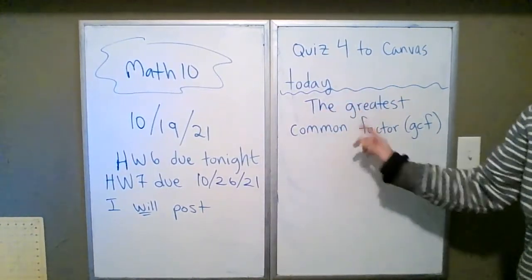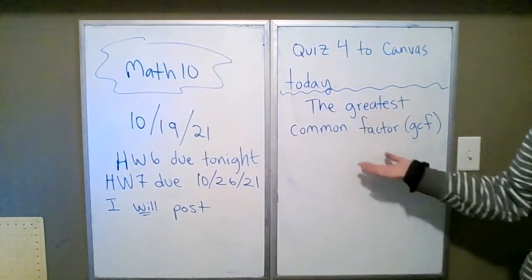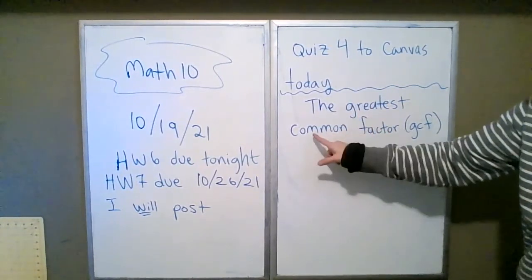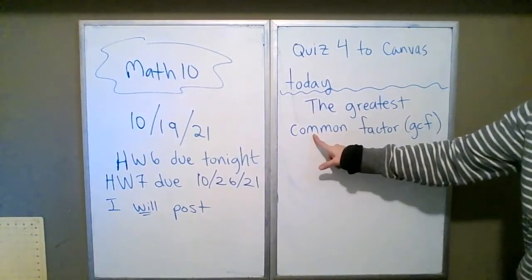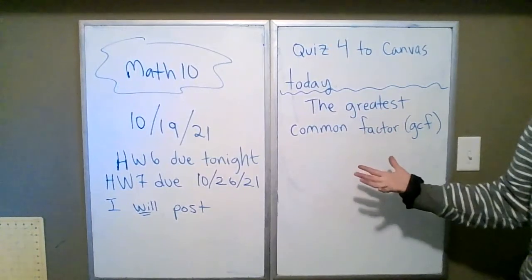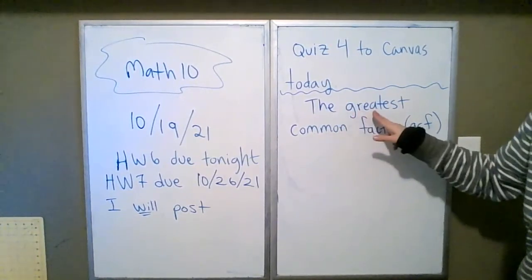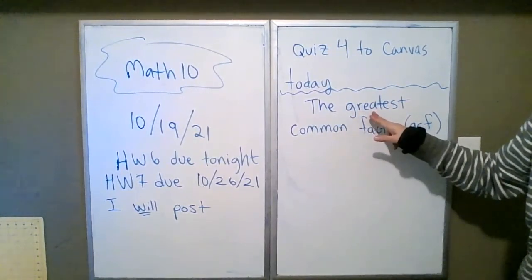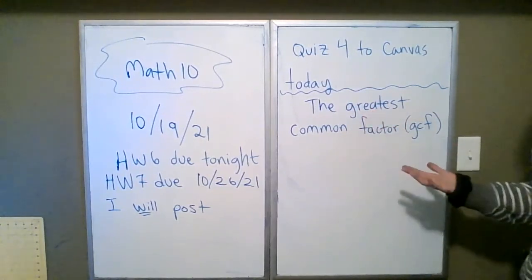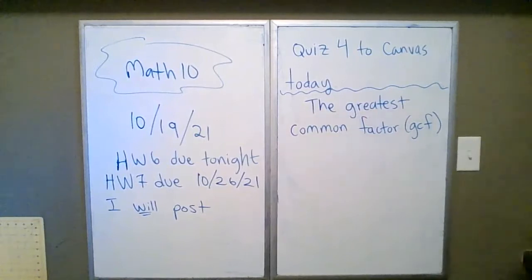So you look at all of the terms in your expression or in your polynomial, and you have to have factors common to every single term. And as far as greatest goes, the most of that factor that is common to each term. Let's do an example.